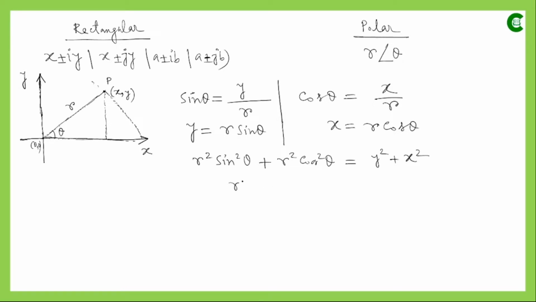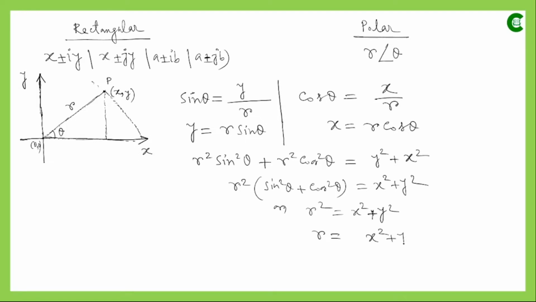If we take r square common, then within the bracket it will be sine square theta plus cos square theta, which always gives us 1, and that is equal to x square plus y square. So r square equals x square plus y square, or r will be equal to the square root of x square plus y square.